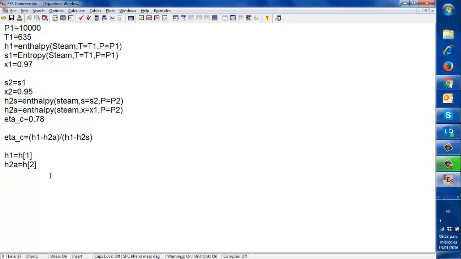And I will do the same for the pressure. Pressure 1 equals pressure 1. Pressure 2 equals pressure 2. Notice that I am mixing capital and small cases, and it will recognize the same variable, and that I can put the array on the left side or on the right side, and it doesn't matter.